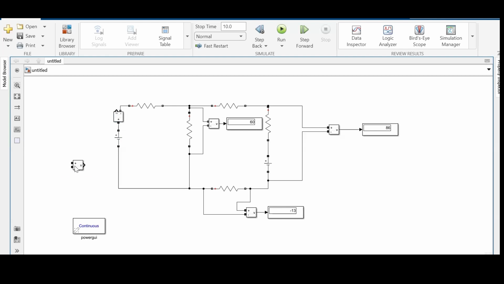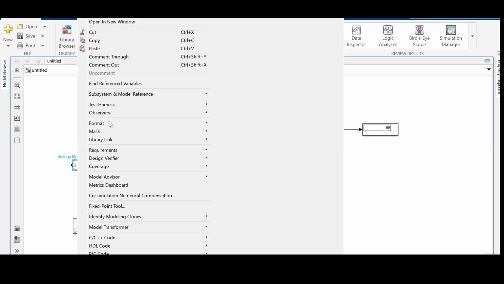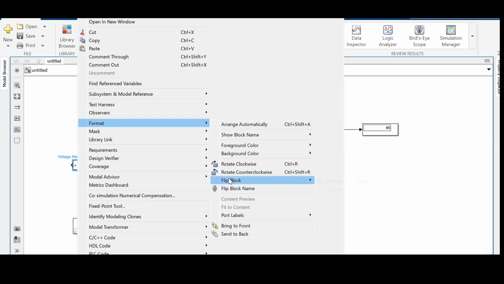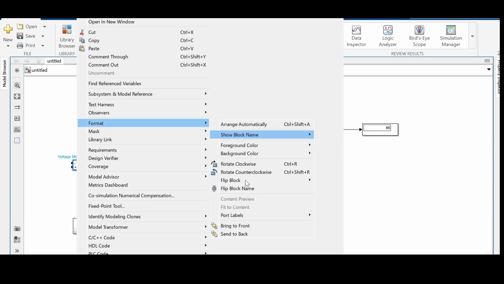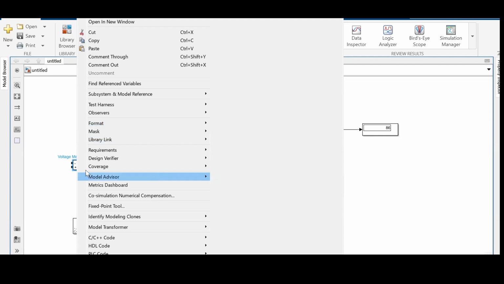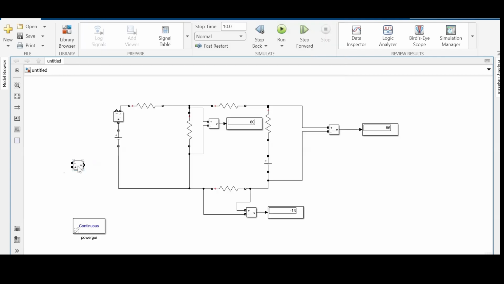Then we also need to measure the voltage across it. Let me flip it with Format, Flip Block, left right. Anyway, let me just flip left, right.